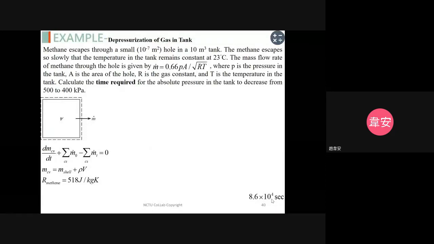Okay, this is another exercise, the material related to the gas. So we know that the question tells us the gas escapes through a small hole.